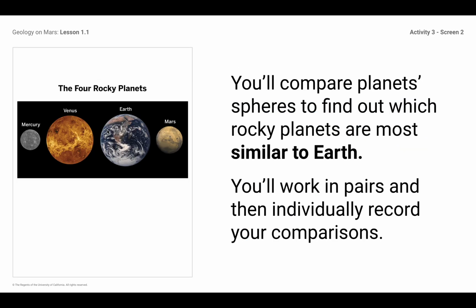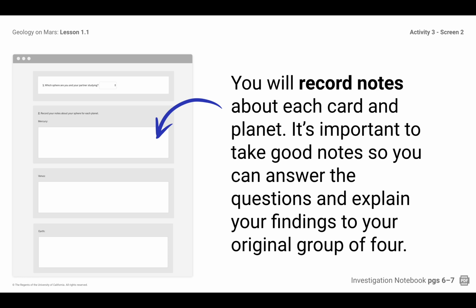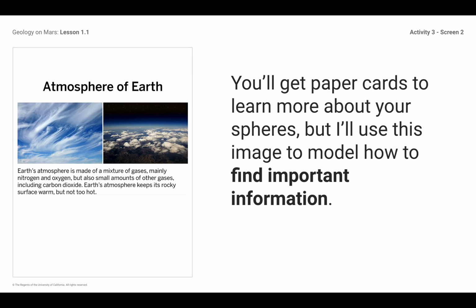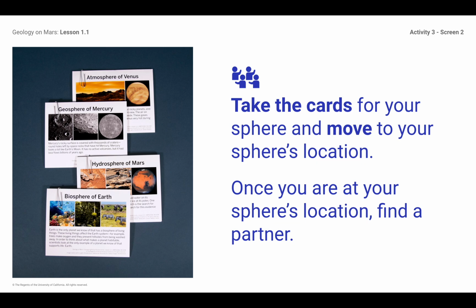So what we did is we got into groups and the kids were given cards, okay? These cards right here. They were meant to compare the atmosphere of all four planets, or the geosphere, or the hydrosphere, or the biosphere of all four planets. They were supposed to take a look at Earth first, understand what Earth has, and then look at the other three planets to find out how they are similar or different from Earth.